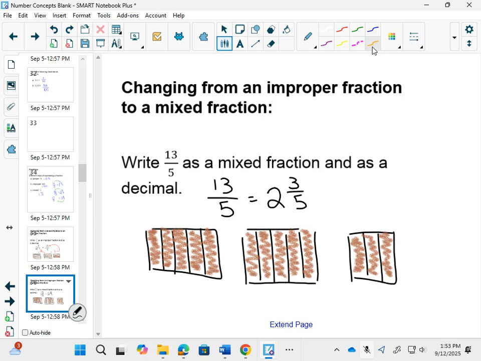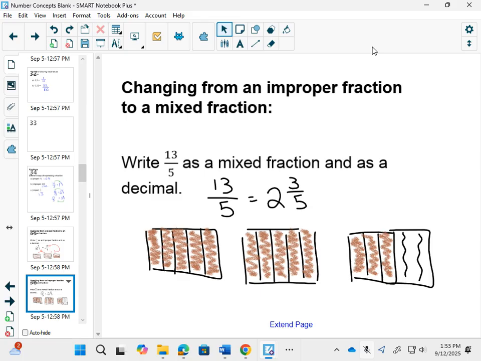But I could glue some of them back together and make 2 full chocolate bars and have 3 pieces left over, which means I have 3 because this one's missing and this one's missing. That's the wrapper. Those ones were eaten already. That is what would be left.